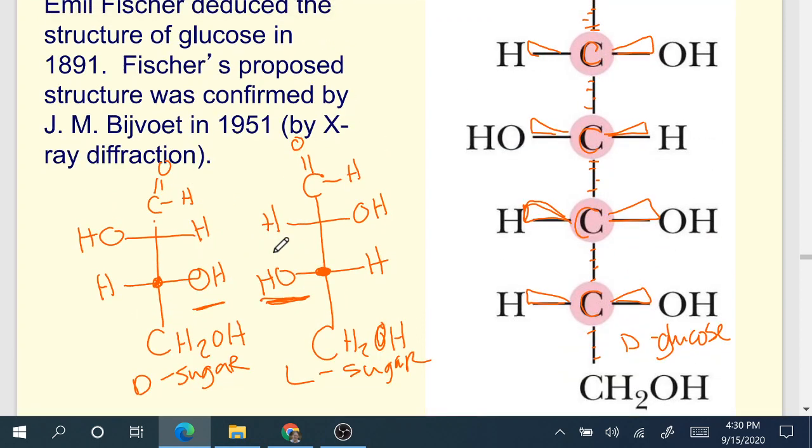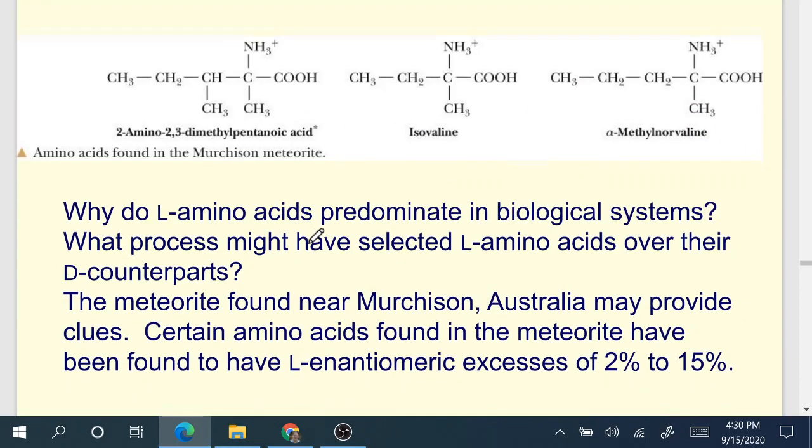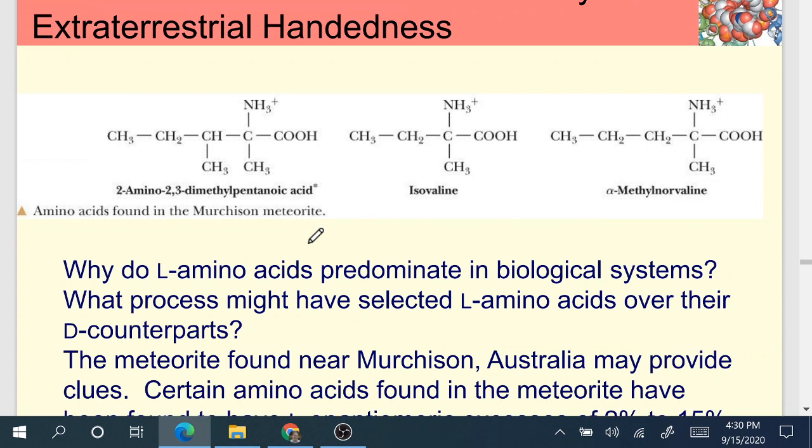Actually, what that stands for is dextrorotatory and levorotatory because of glyceraldehyde, which actually rotates plane polarized light. Levorotatory for L and dextro for D. Why do L amino acids predominate in biological systems?